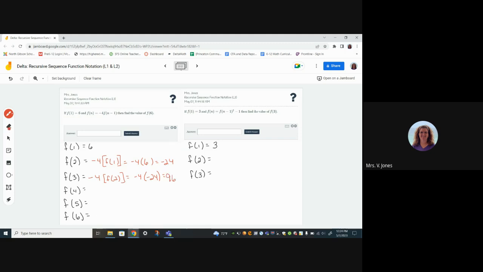So do you see how our signs are going back and forth? Because out front, we're multiplying by this negative. That's making our signs bounce back and forth. So f sub 4, we're going to take it times the one in front of it, which was 96. So when you take 96 times negative 4, you get negative 384. And then we're going to take negative 4 times the one in front of that.